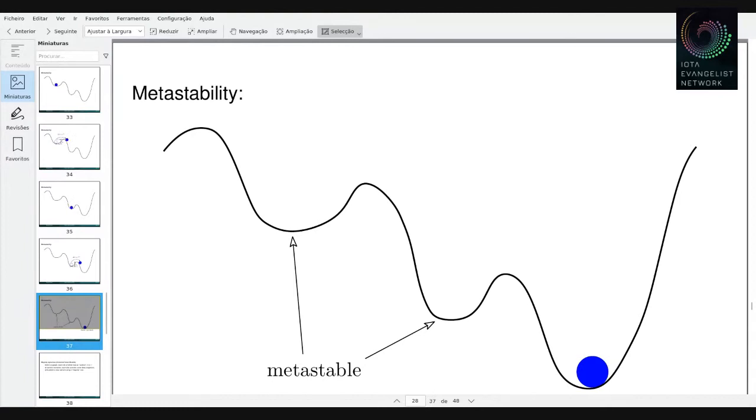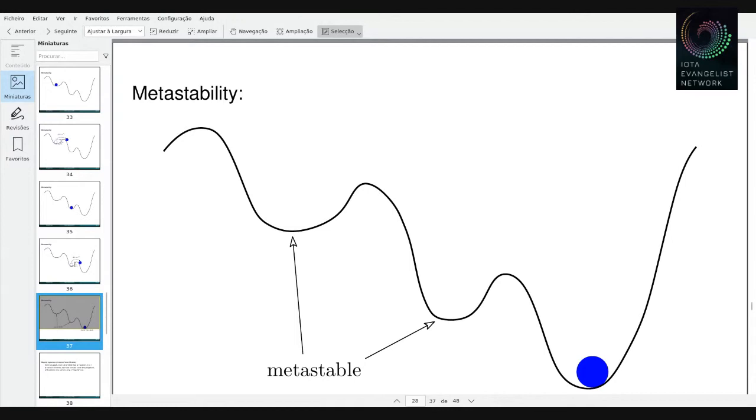So you can call places like here and here metastable. These are places which are not really the global minimum of potential, where the drunken guy will spend a lot of time. The global minimum is where he will spend the majority of time. This is called the stable state.